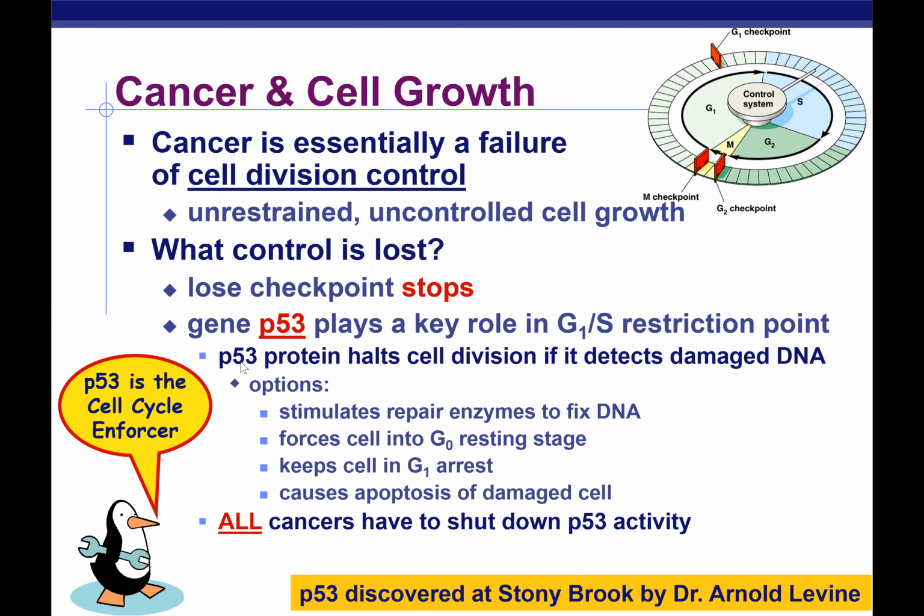Now, this gene product halts the cell division at this point if it finds that the dividing cell's DNA has been damaged. If a cell's DNA is damaged and it is trying to divide, P53 stops that cell from dividing, and it has a couple of options to perform.